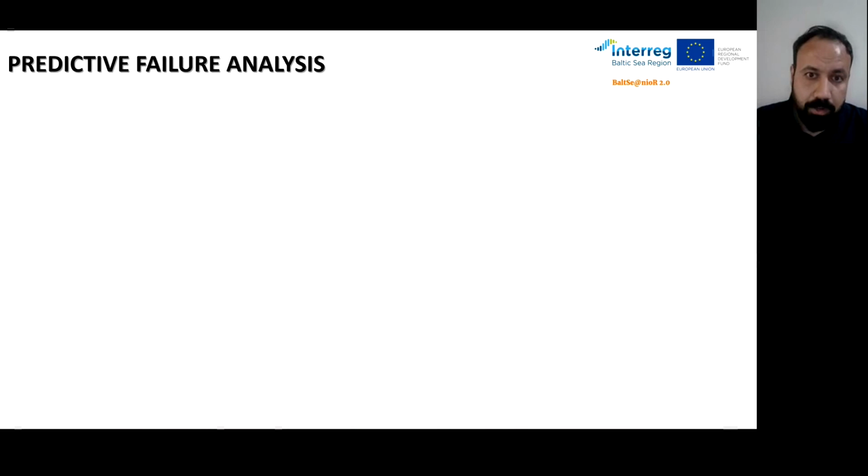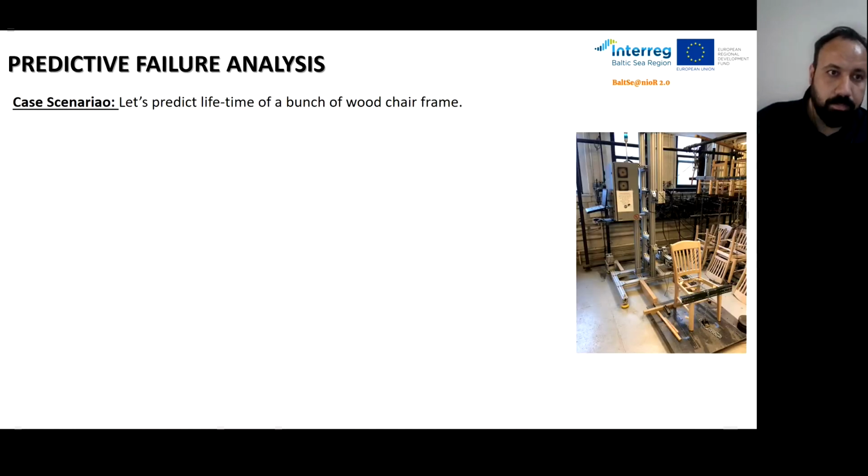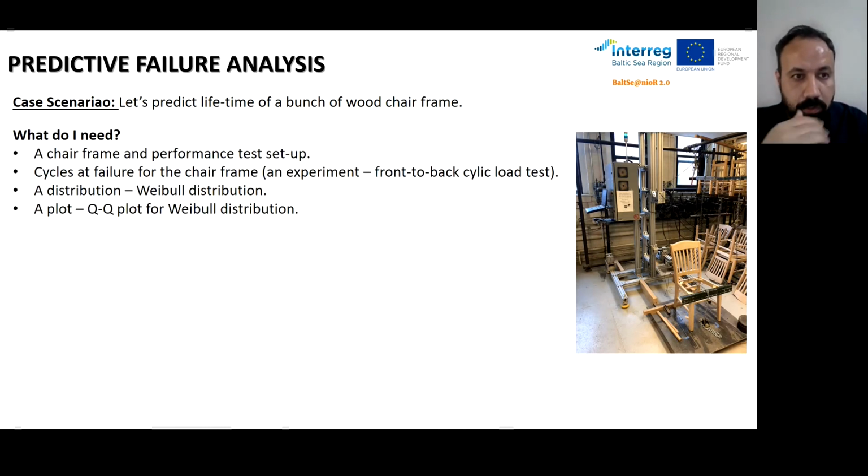For this one, I created a case scenario. For this case scenario, I tested 30 samples. This one is my chair. I created a test experiment, testing my chair construction and getting the failure cycle, or cycling level at failure. So for this one, what do I need? A chair frame and the performance test setup.